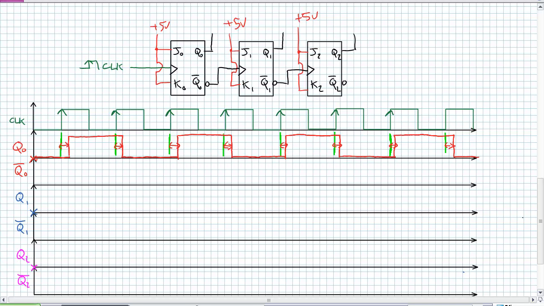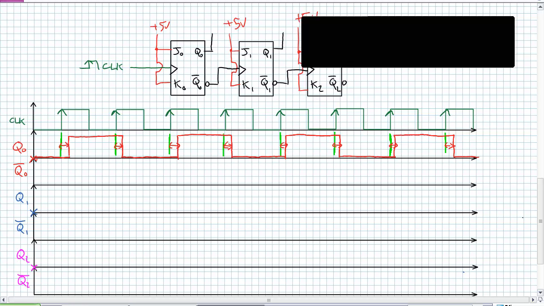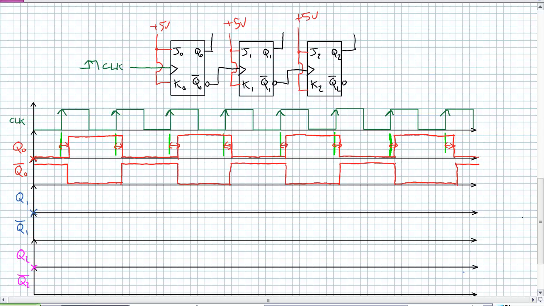Now let's see what not Q0 looks like. What's the exact opposite of Q0? There's what not Q0 would look like. And what is Q1 basing its clock input off of? It's basing its clock input off the positive edge of not Q0. So there are our new positive edges by which Q1 will toggle.